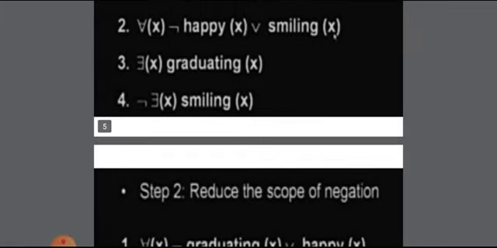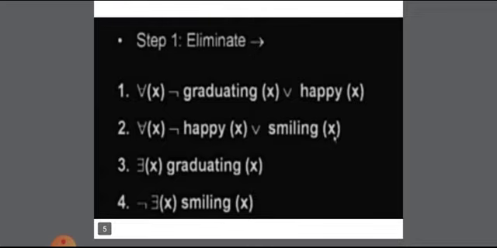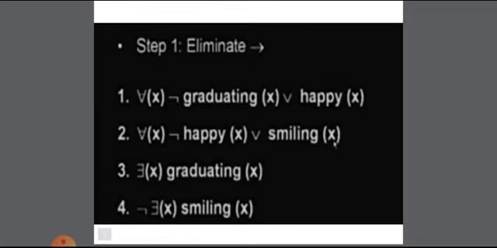In the previous step, the elimination of implication, see the fourth statement we had: negation of existential of x such that smiling of x.